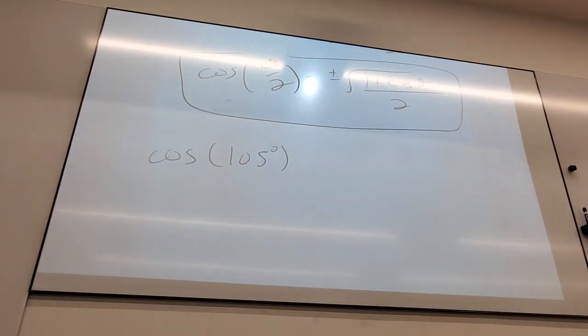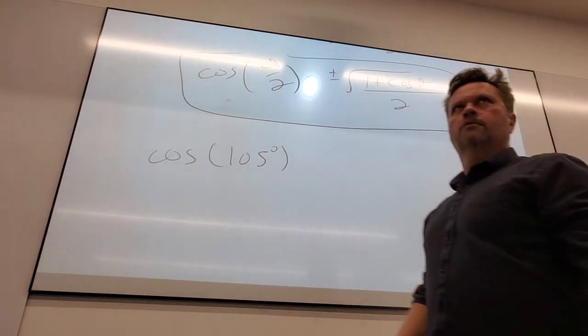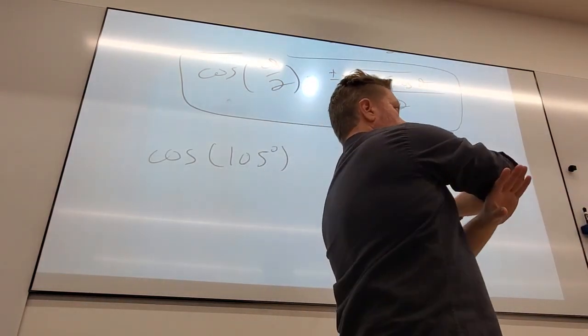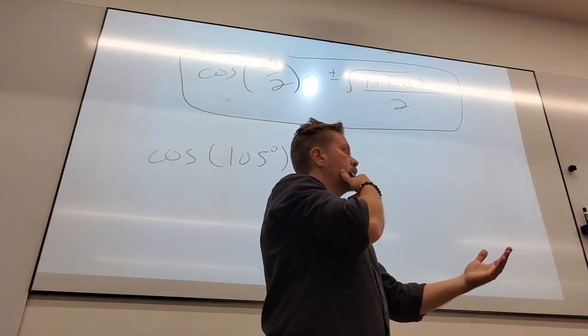It's not one of the ones we know, right? It's not 30, 60, 90. The reference angle would be 75 degrees. Is that one we know? No. But what's double 105? 210. What's the reference angle for 210? 30. And we know that, don't we?